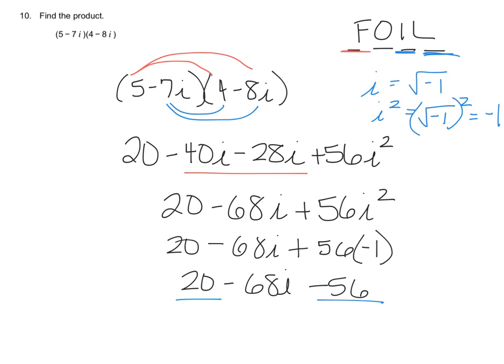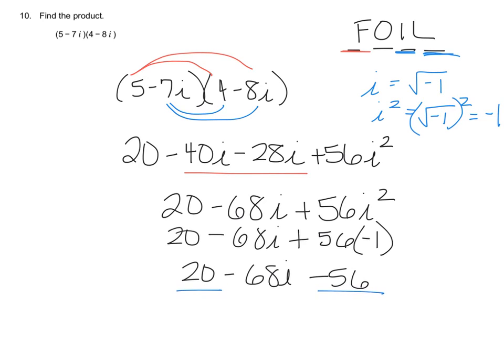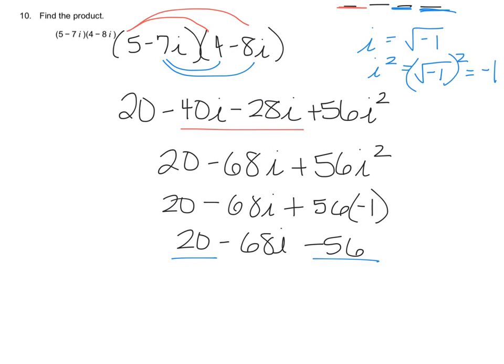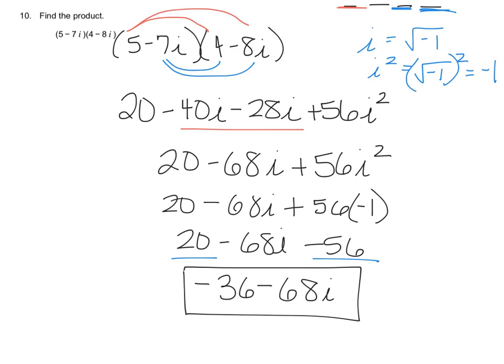So 20 minus 56 is negative 36. So I have negative 36 minus 68i. And again, my i term always comes last when I write my final answer. And my answer is negative 36 minus 68i.